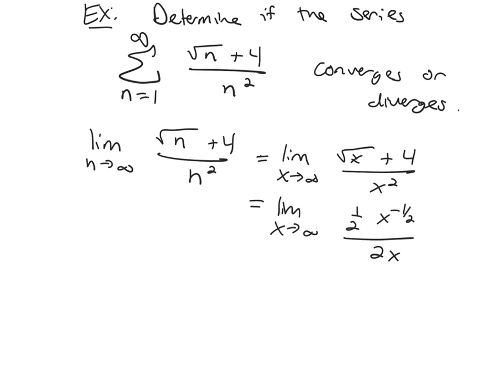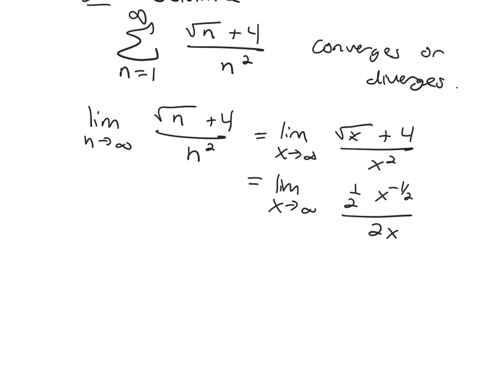If you simplify that, you'll get 1 over 4 x to the 3/2 in the denominator. And now what is that limit? 0.